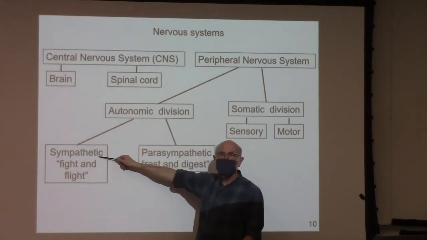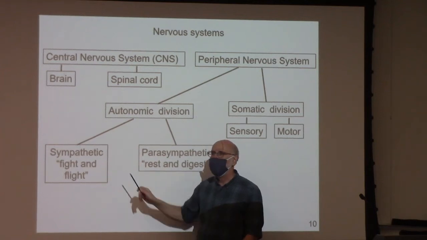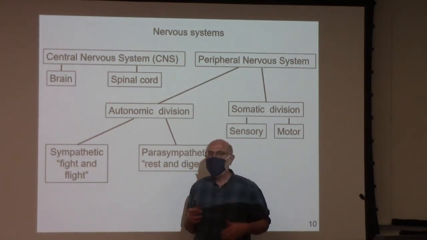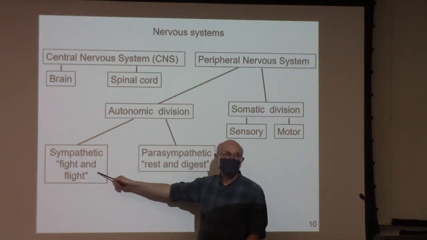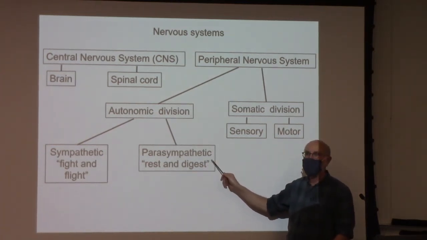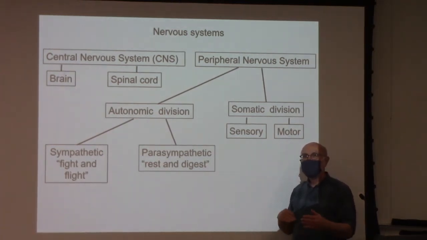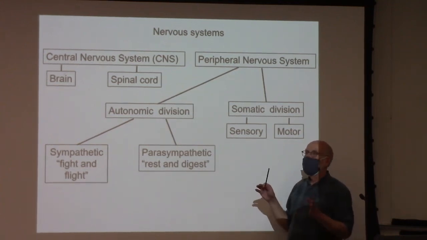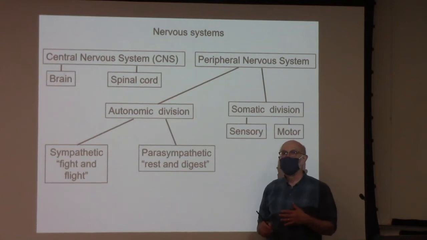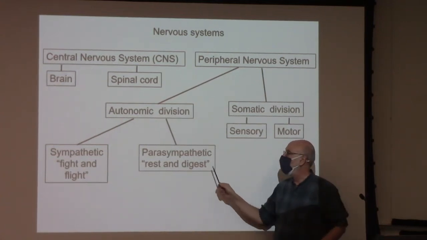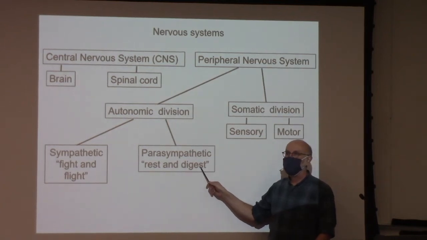And the sympathetic nervous system is important for arousal and action in a fight or flight type response. And the parasympathetic nervous system is the opposite of the sympathetic nervous system, settles you down, rest and digest. We talk about the parasympathetic nervous system a lot in the other A&P course when we talk about the digestive system.